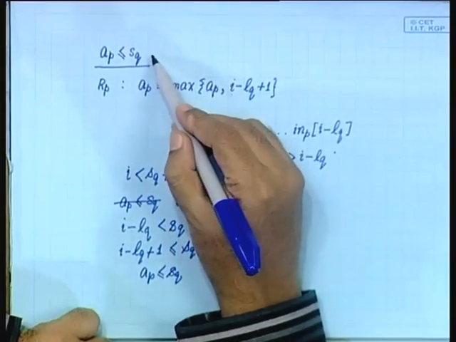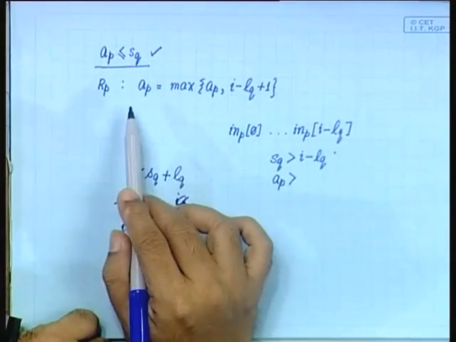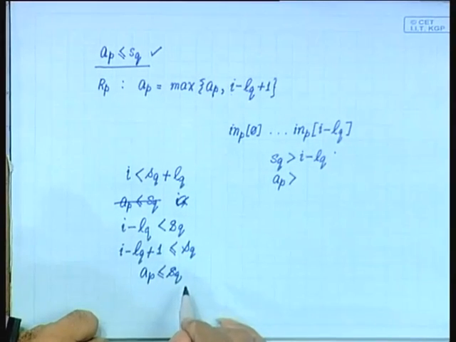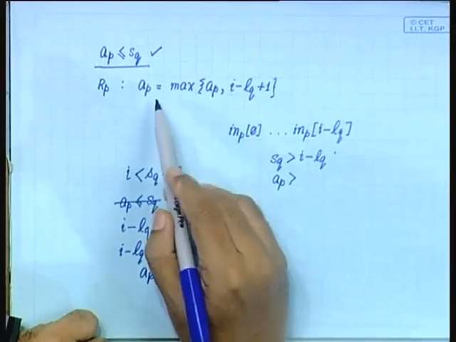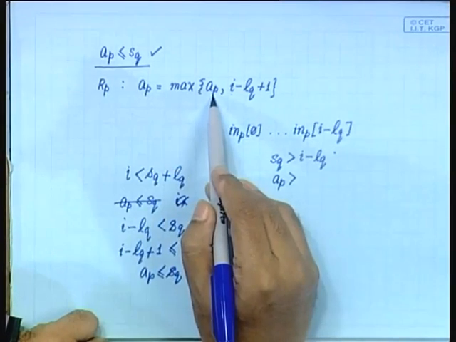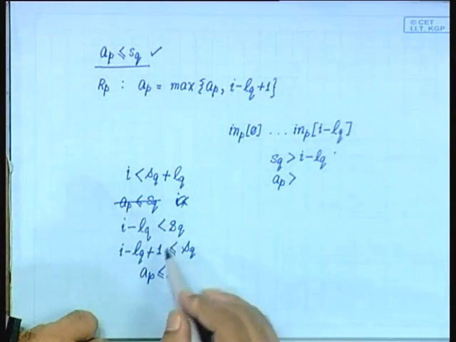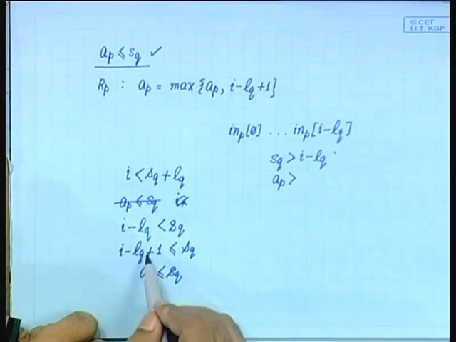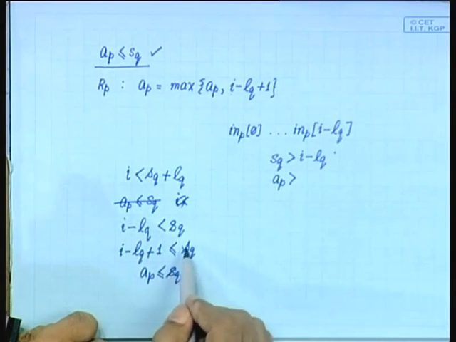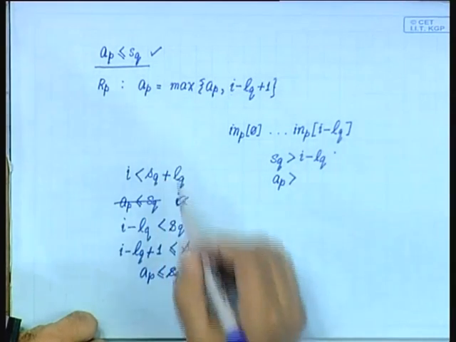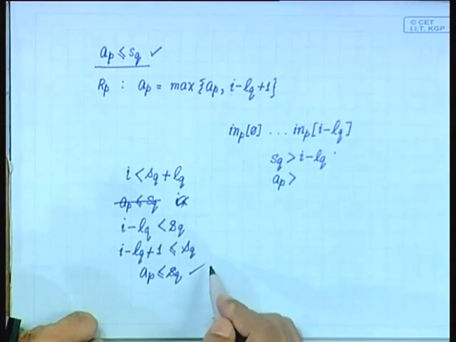So if it was holding before RP was applied, then it is going to continue to hold after RP is applied. There are two cases. One case is AP is not updated, in which case it continues to hold. The second case is AP is updated to I minus LQ plus 1, and then also this holds. So in both cases we have shown that this will continue to hold.